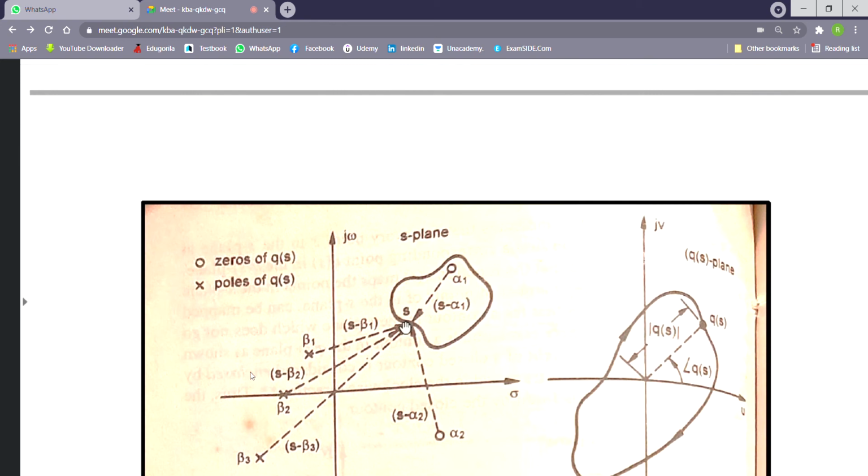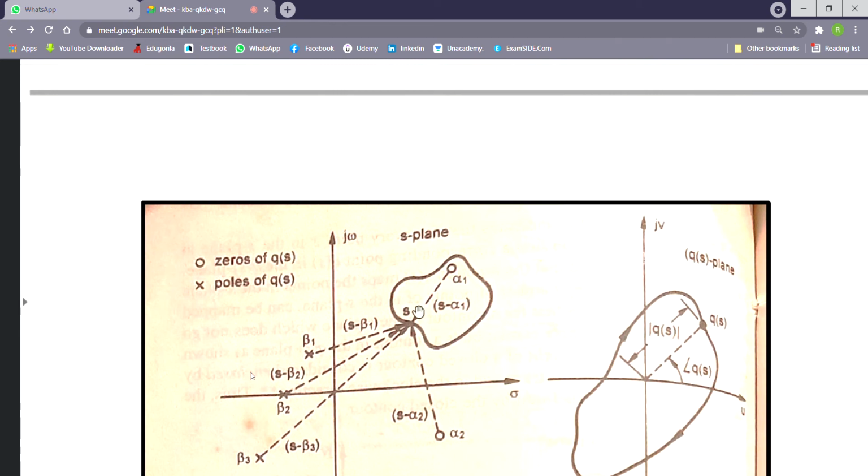Got it? Okay, ma'am. So I repeat, from this diagram it's clear that one zero of Q(S) is being enclosed by this S-plane contour, which we have otherwise taken arbitrarily.